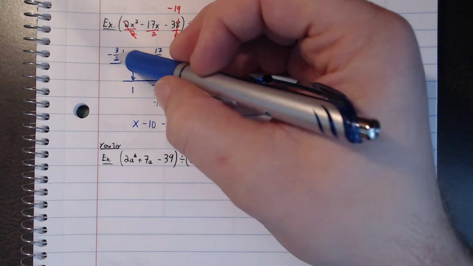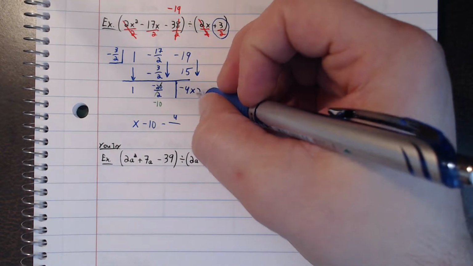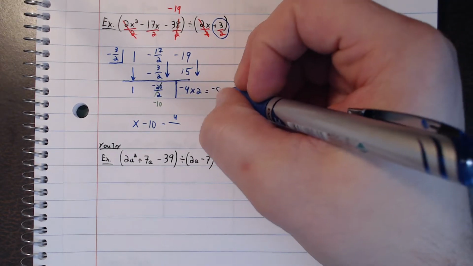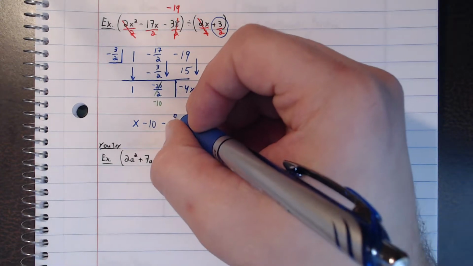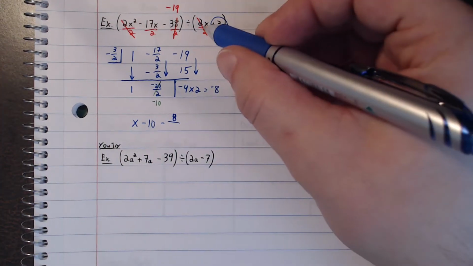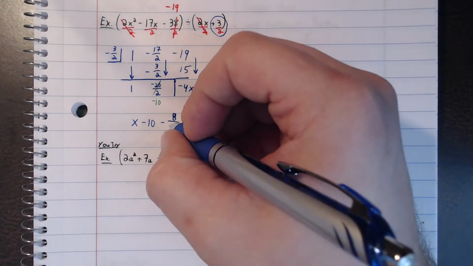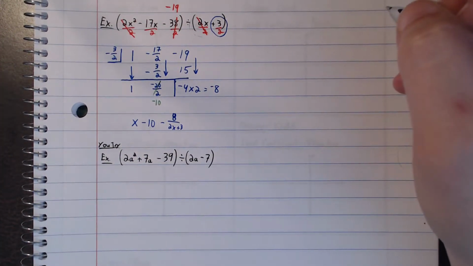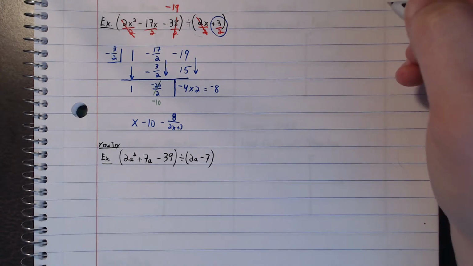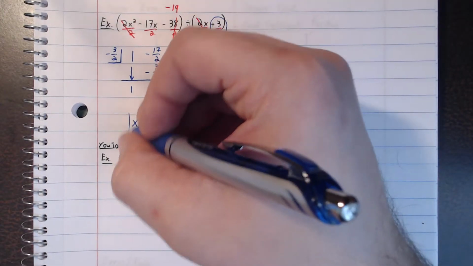So we're going to have to multiply by 2. That gives us negative 8. That allows us to use our original. So instead of this being 4 here, we want this to be an 8. And now we can use our original divisor, which is 2x plus 3. So x minus 10 minus 8 over 2x plus 3 is our solution.